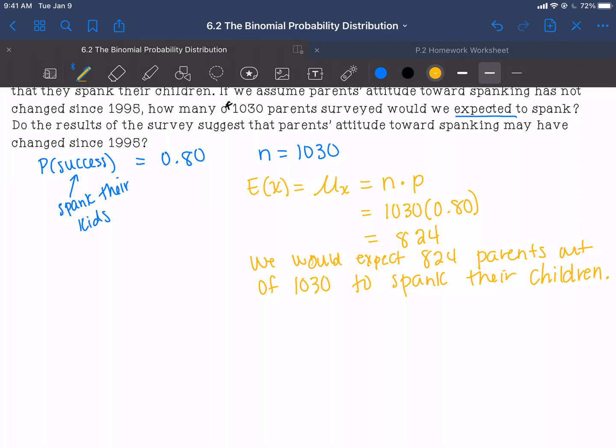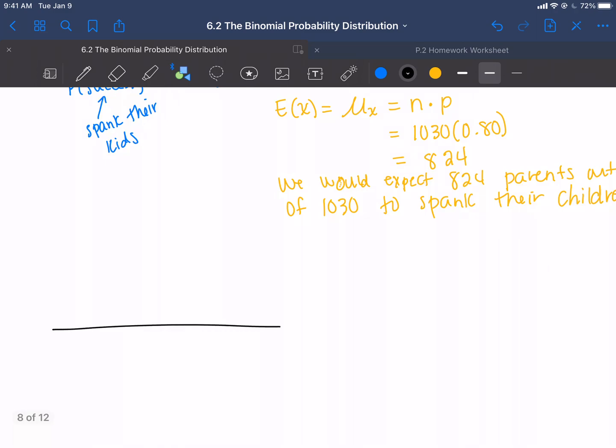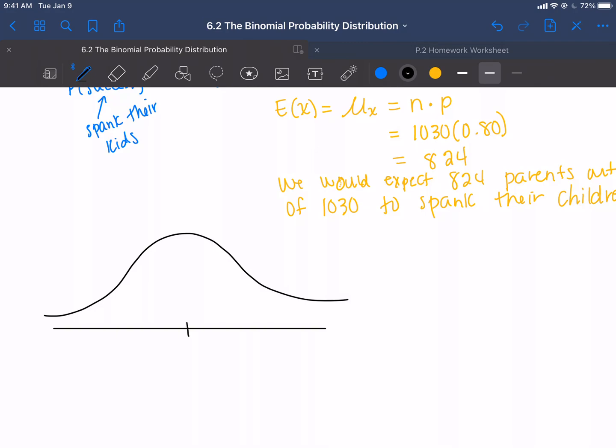Then it asks, do the results of the survey suggest that parents' attitude towards spanking may have changed since 1995? Okay, so to determine this, we're going to look at that bell-shaped curve or the empirical rule. So if you remember, in the curve, this would be our mean. And then this would be plus 1 standard deviation, plus 2 standard deviations, and then plus 3 standard deviations.